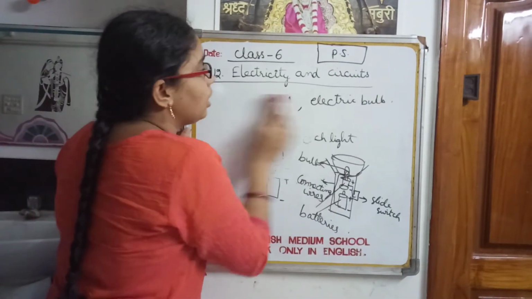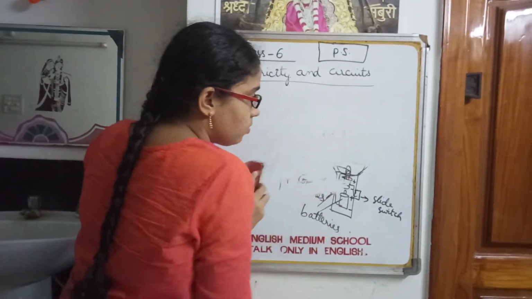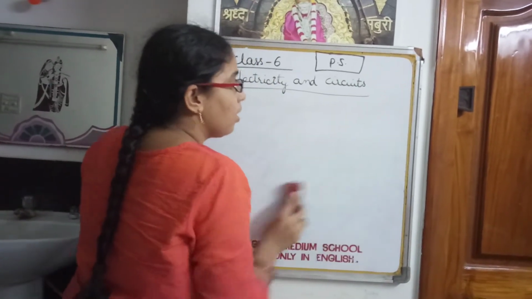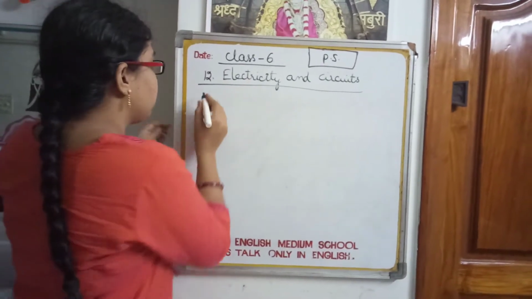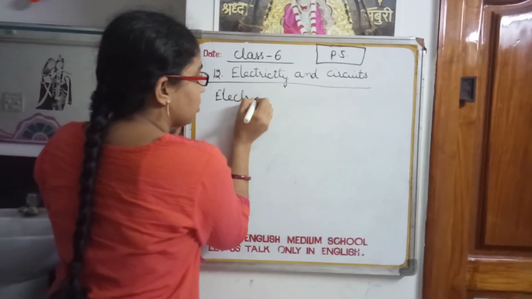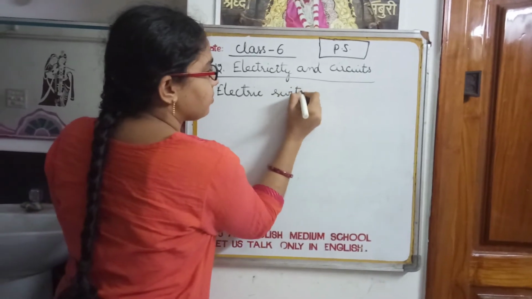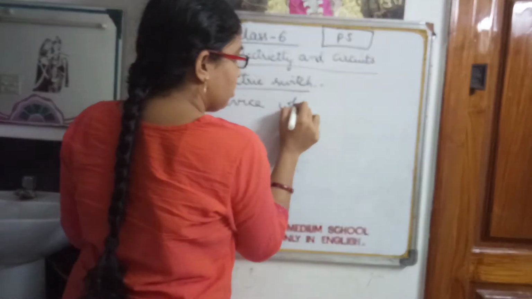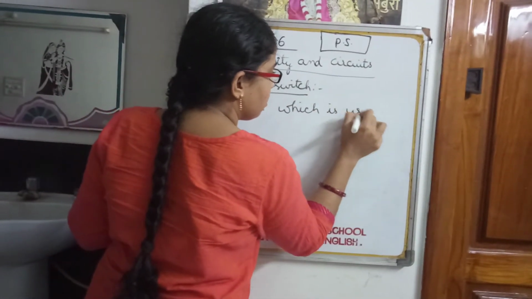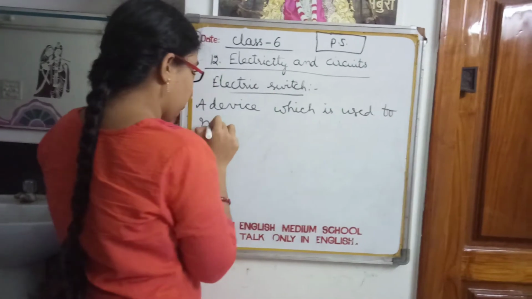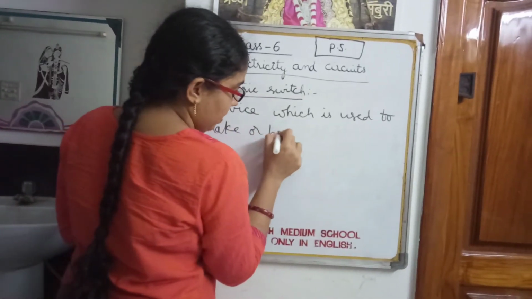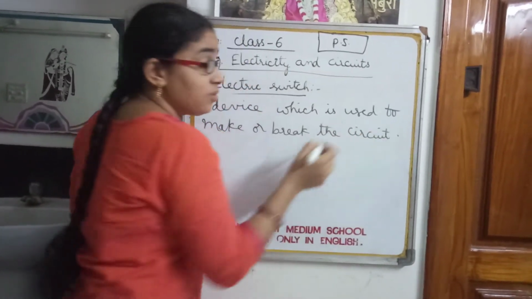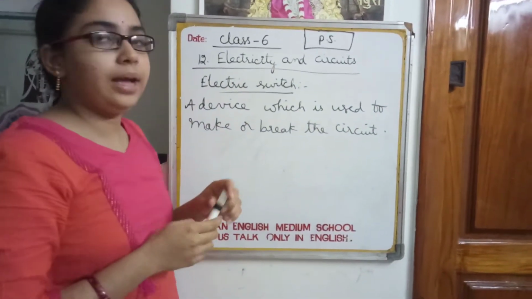Children, now we'll move to the other topics of the lesson, that is about the electric switch. A switch is a simple device which is used to make or break the electric circuit.